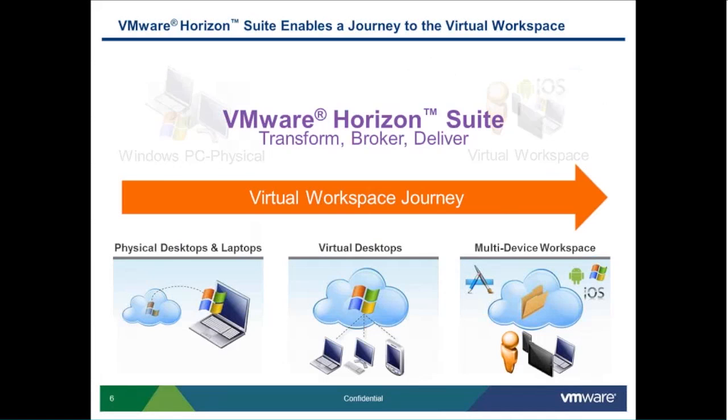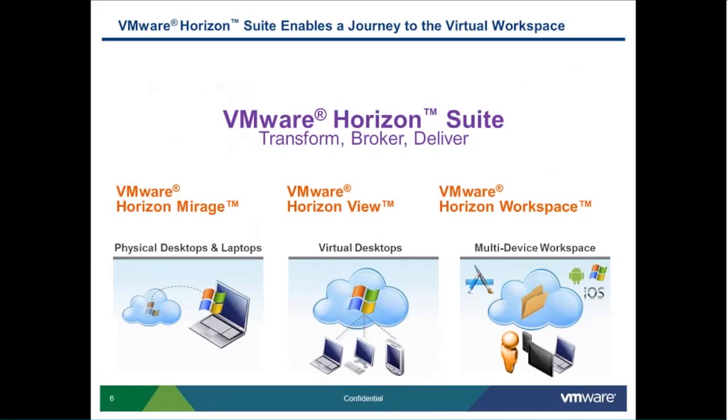Now, the product line which we have in VMware, we call the VMware Horizon Suite. VMware Horizon Suite consists of 3 things. One is Horizon Mirage, second is Horizon View, and third is Horizon Workspace. Horizon Mirage is the solution towards physical desktop management.